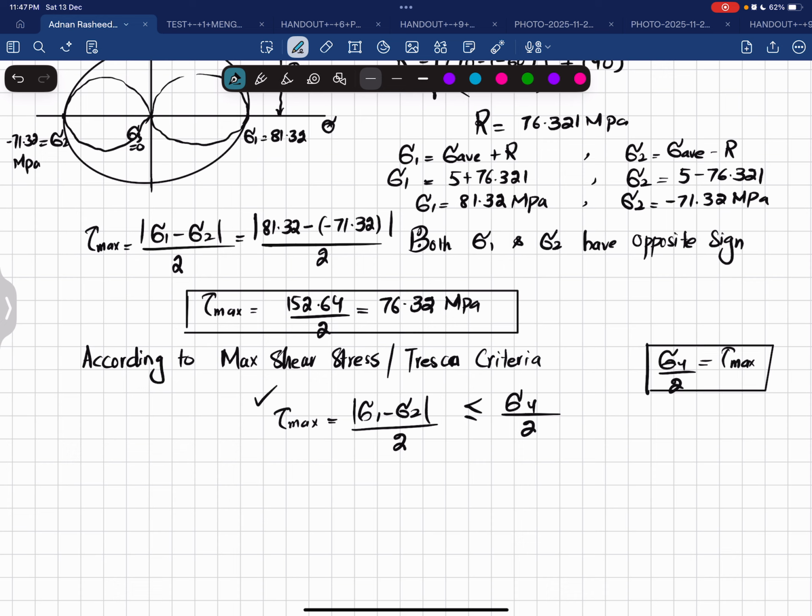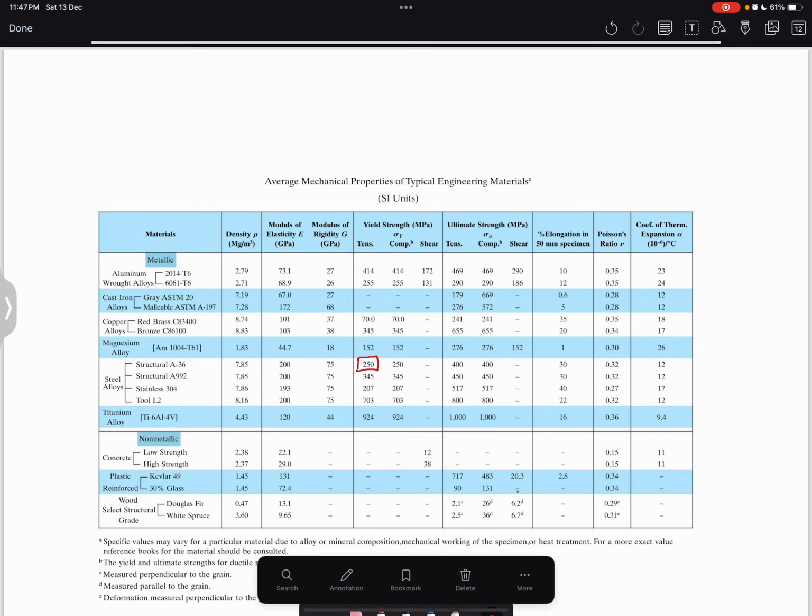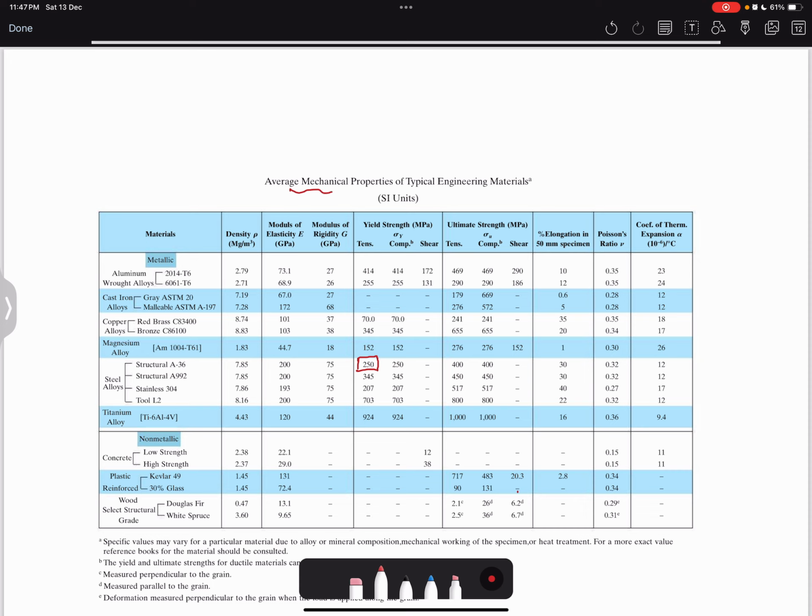Now the value which we have calculated on the left side is 76.32 megapascal, and we do not know sigma yield for A36 steel. So what we are going to do is go to the end of the book, and in that you have to go to the average mechanical property table.